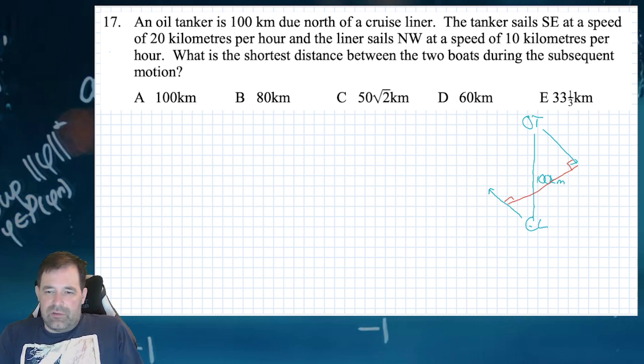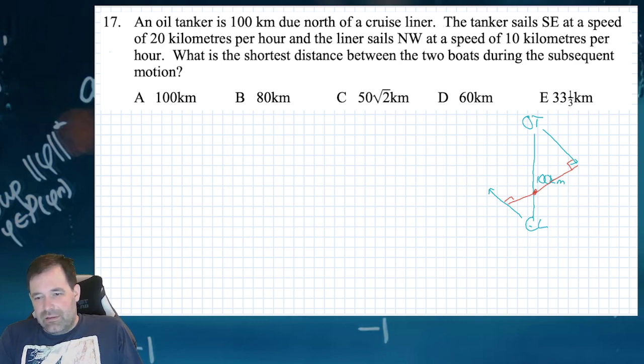And because OT is travelling twice as fast, my guess is it's going to cut this line in thirds. So let's give that a go as a guess.